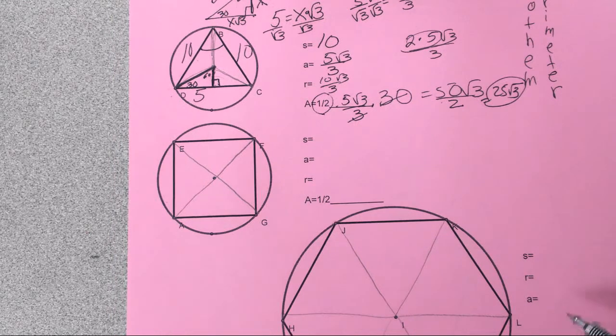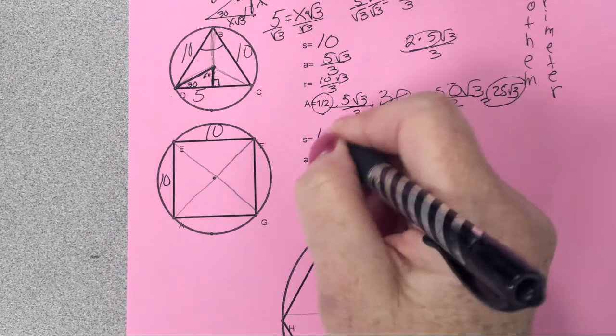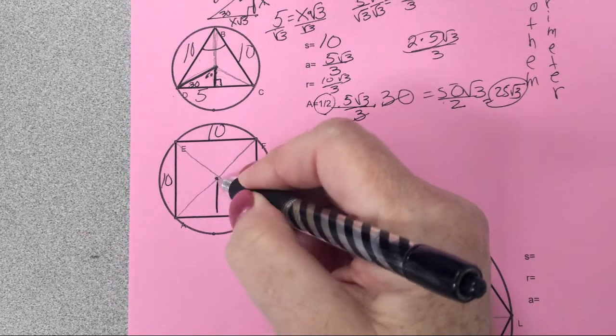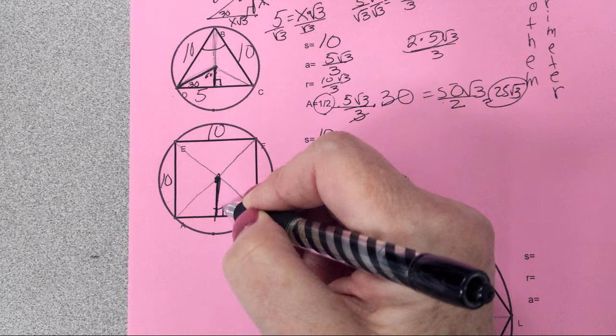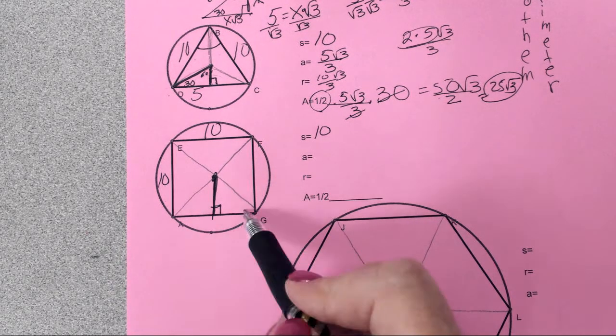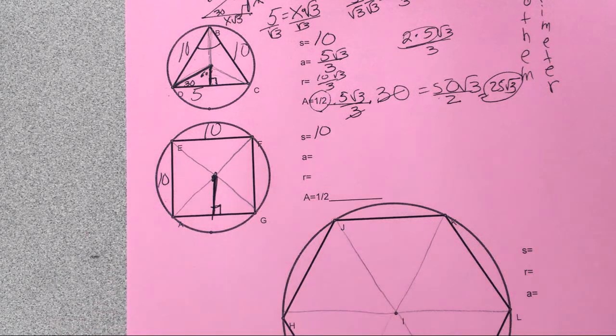So let's look at a different figure then. Again, we'll just make the sides 10 because it's easy to work with. The apothem here would be this line from the center of the circle, perpendicular to the side. Again, it is the height of these little triangles that are formed when we put central angles in the circle.